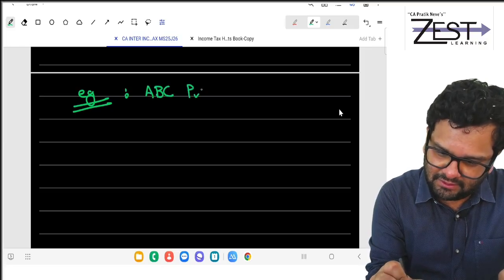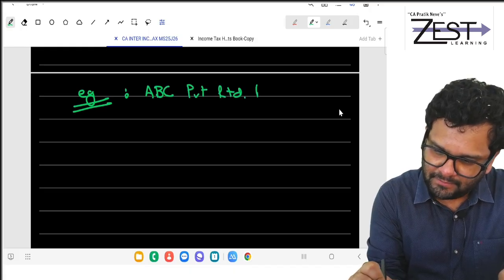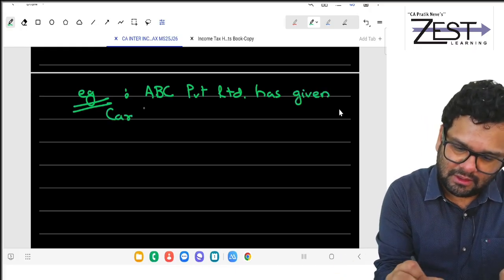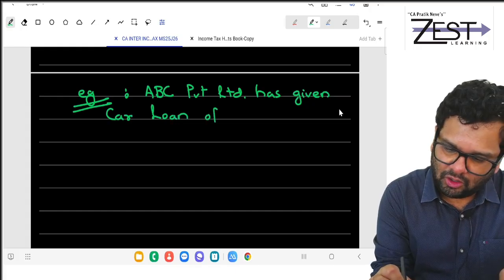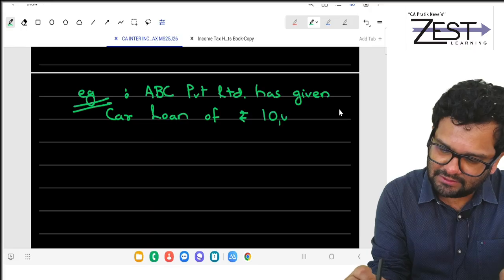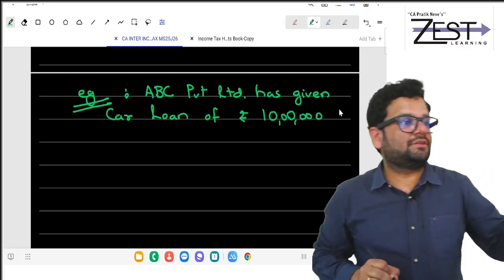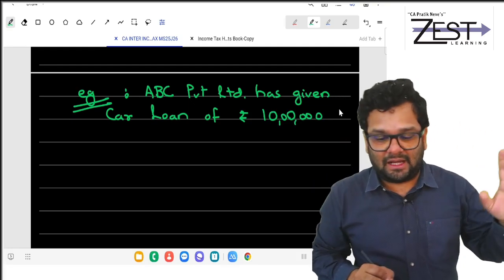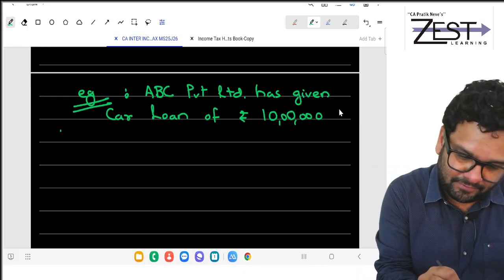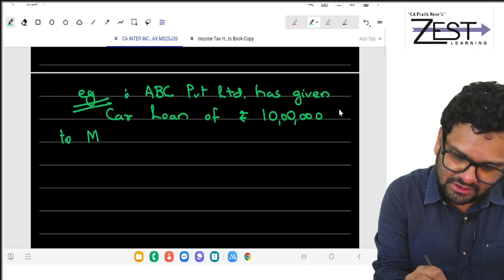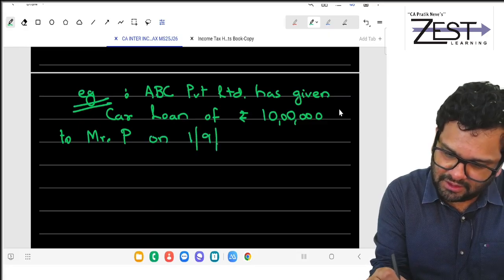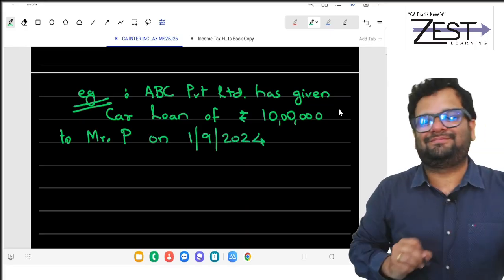ABC Private Limited has given a car loan of rupees 10 lakhs to Mr. P on 1st September 2024.